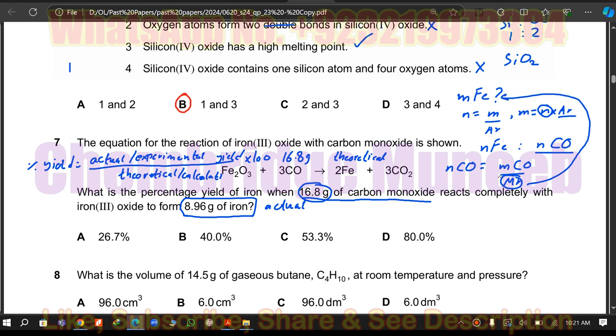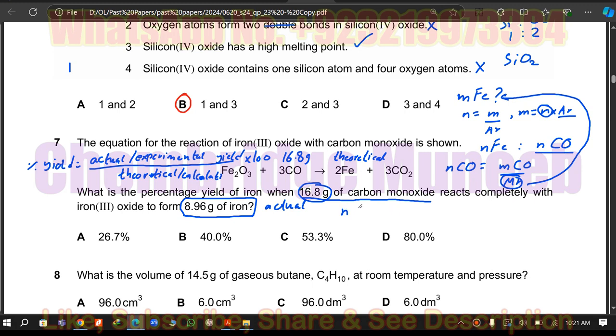I always give this strategy to my students when they have to find the right answer: always go backward. Okay, so starting from the last point, that is find the number of moles of carbon monoxide.